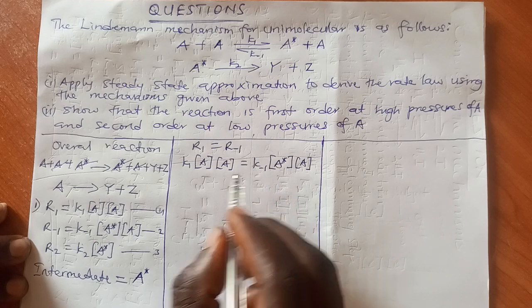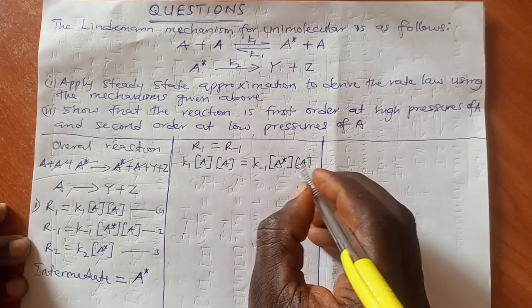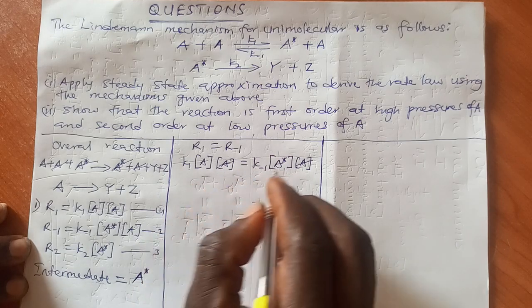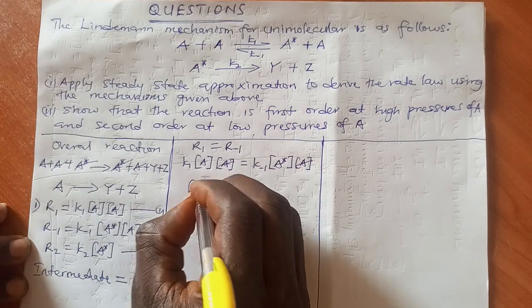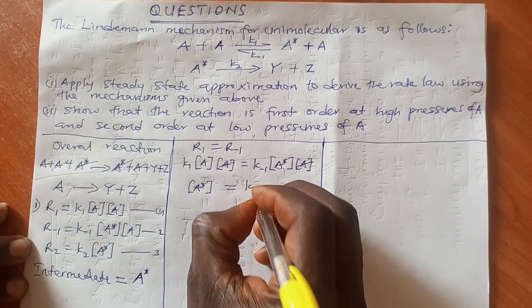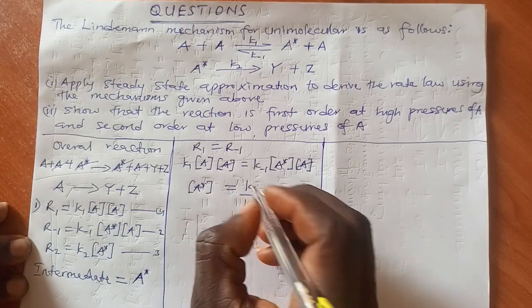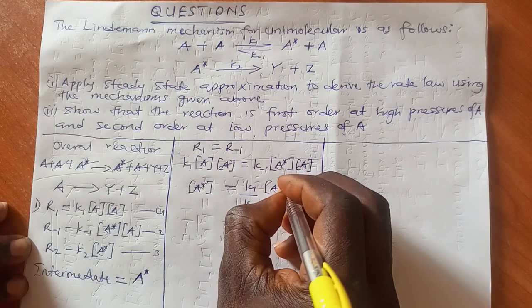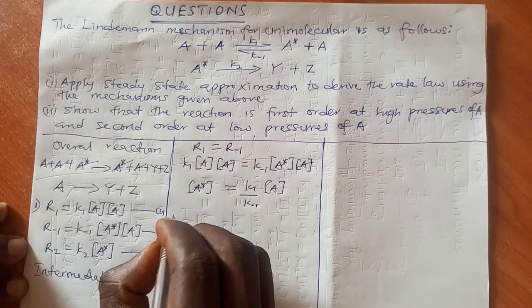So this A will cancel this A. Remember, I am looking for A star. So my A star, my activated A, will now be K1 over K minus 1, remaining A.